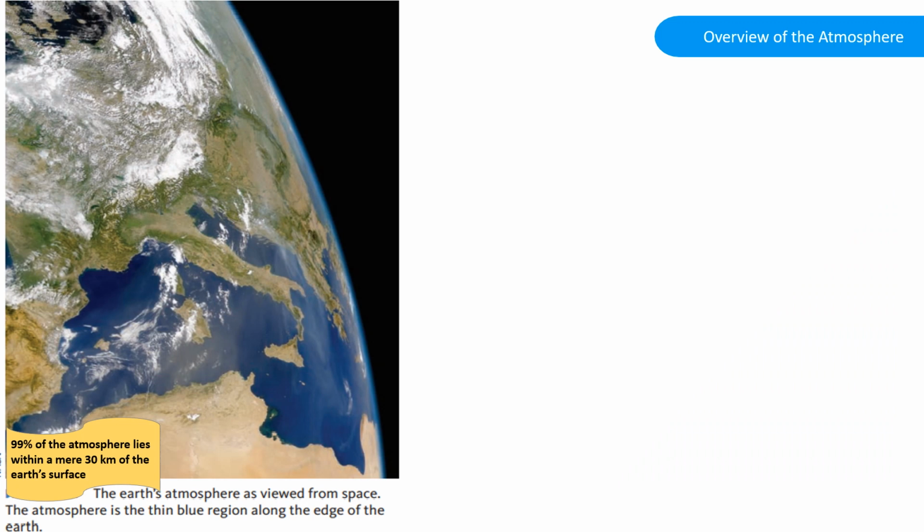To give an overview of the Earth's atmosphere, this is a picture of the atmosphere as viewed from space. The atmosphere is a thin blue region along the edge of the Earth, and 99% of the atmosphere lies within a mere 30 kilometers of the Earth's surface.